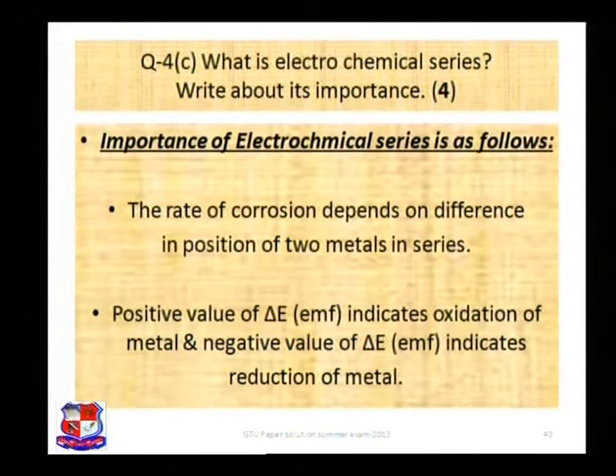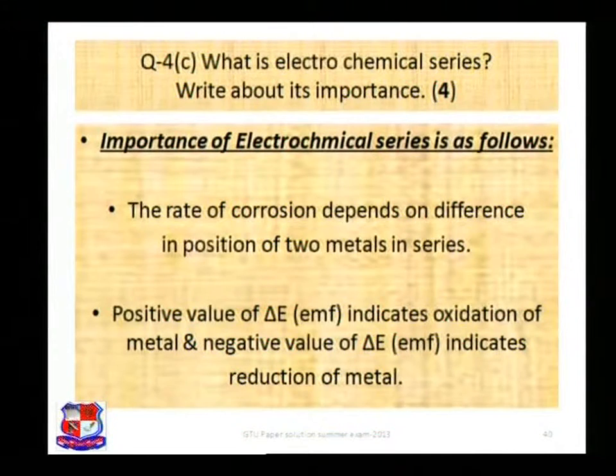The next point: the rate of corrosion depends on the difference in position of the two metals in the series. What does this mean? The difference in potential between the two metals determines the rate of corrosion. If the difference between the two metals in the series is large, the rate of corrosion is also large, and if the difference in position is less, then the rate of corrosion is also less.